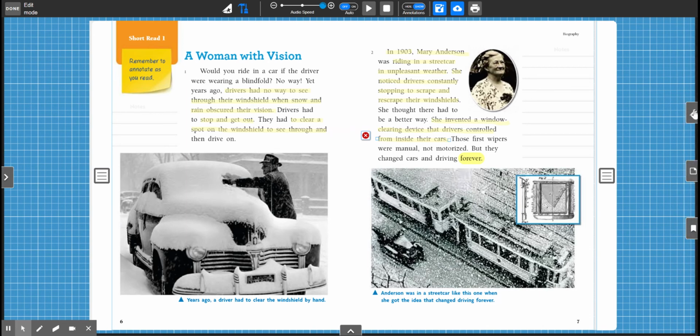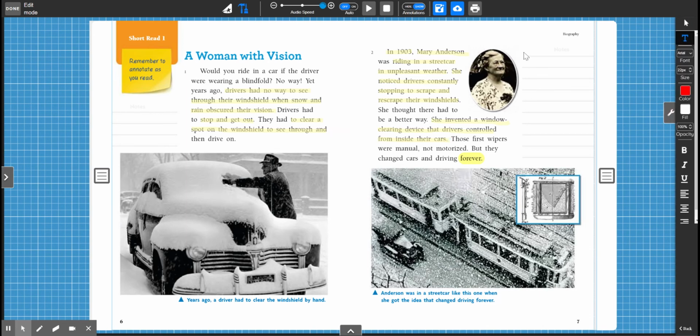All right, go ahead and put your highlighters away. We are going to write a main idea on page 7. So grab your pencils. And so we know that who is our inventor? Mary Anderson, right?